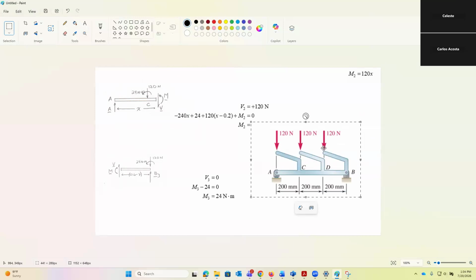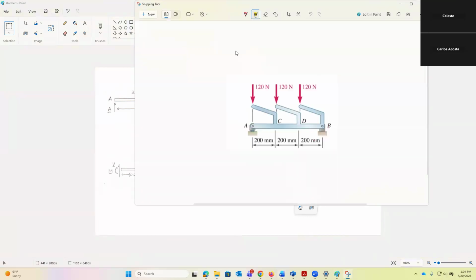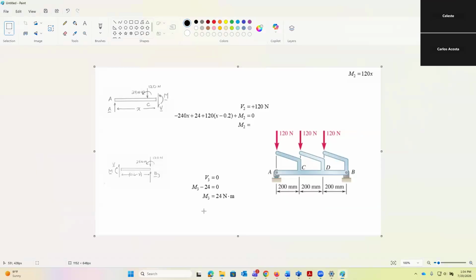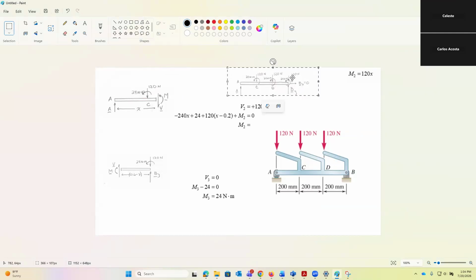So when you bring everything down to the beam, you're going to have this force right here. You have this 24 right here. So in other words, you have M3, which is this moment, minus 24. So M3 is 24. That's all you have to worry about for that part. This 24 is from this force right here at point B.